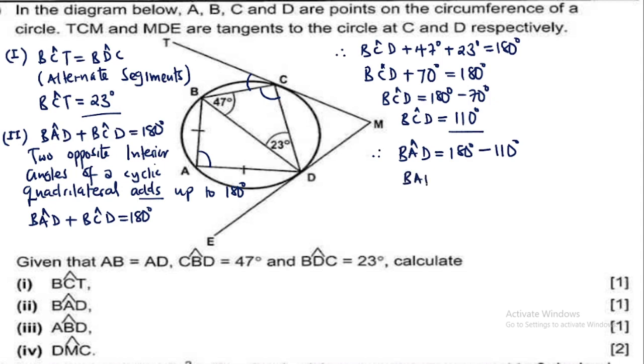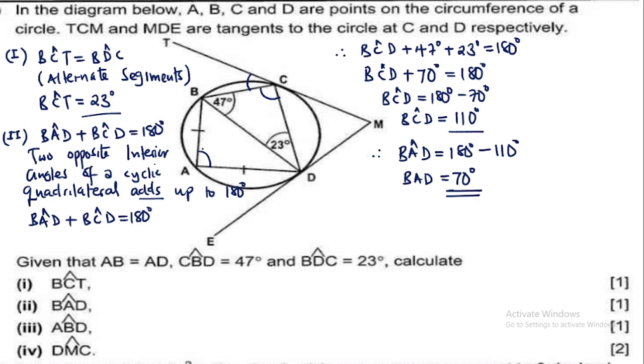Therefore, BAD will be equal to 70 degrees. Okay, you go to the next one, which is ABD.